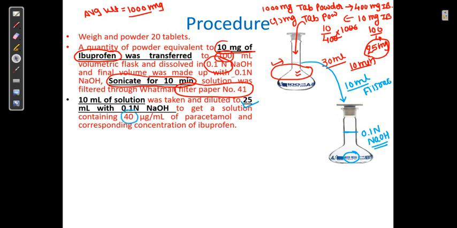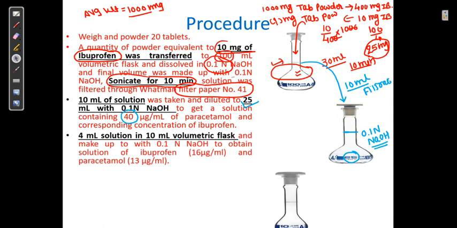It is not required to be exact, but if it is roughly that, then it's okay. And there is the corresponding concentration of ibuprofen. The next step is to transfer 4 ml from that into a 10 ml volumetric flask. Then make up the volume up to the mark with 0.1 normal NaOH solution. Then you will get an ibuprofen concentration of roughly 16 milligram and paracetamol roughly 13 milligram.